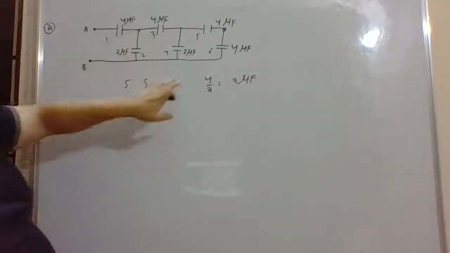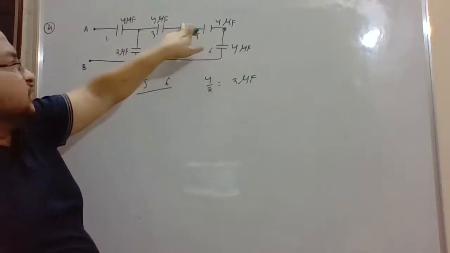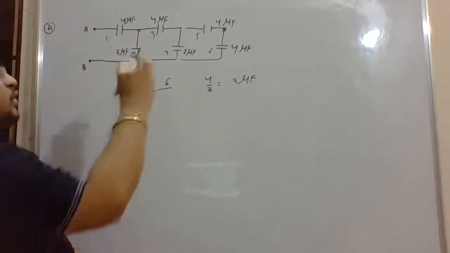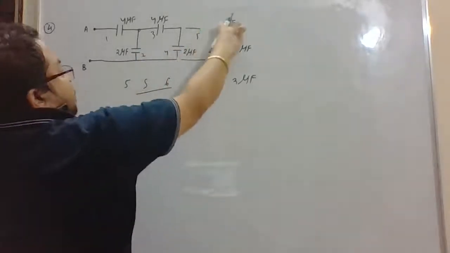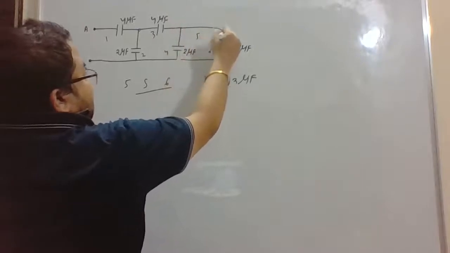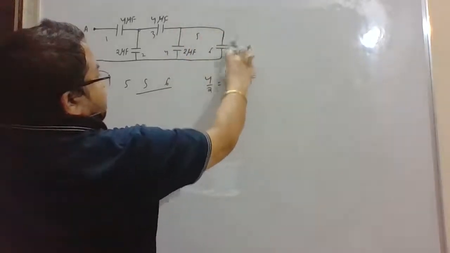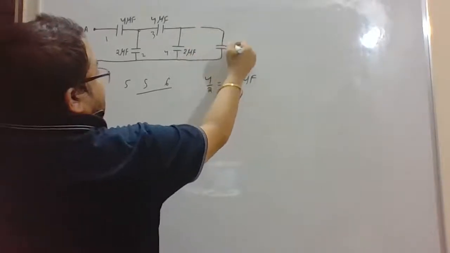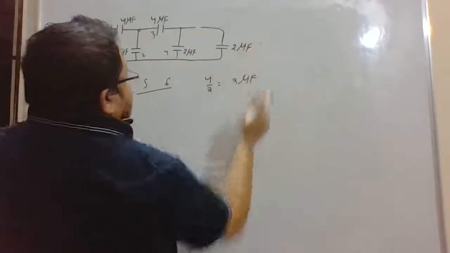Once we find the equivalent capacitance, we can remove those two capacitors and in place of them put one capacitor. So let me put it like this. The circuit would reduce to something like this. Rather than 5 and 6, now this will be one 2 microfarad capacitor.